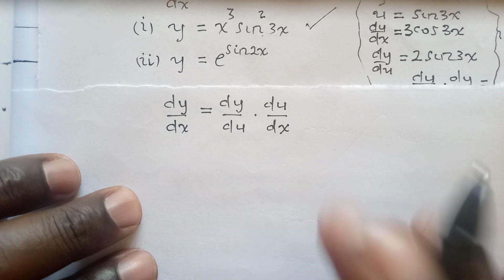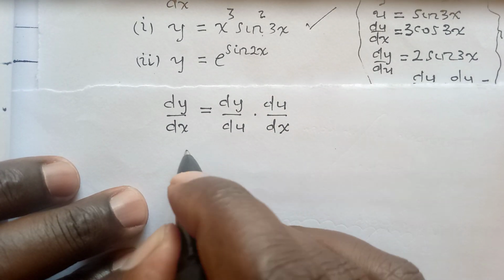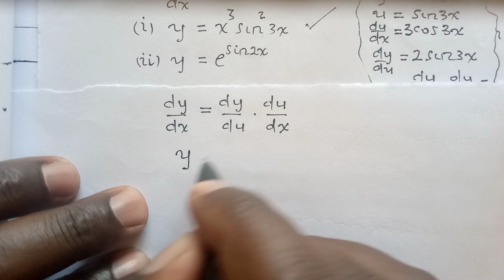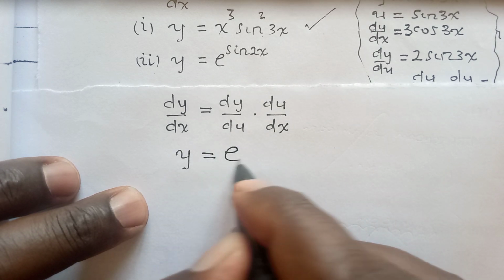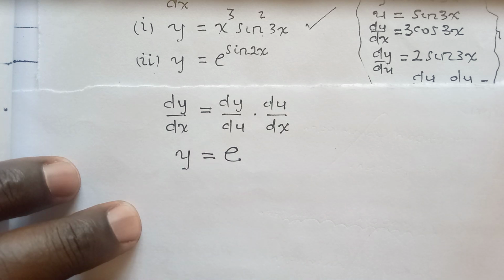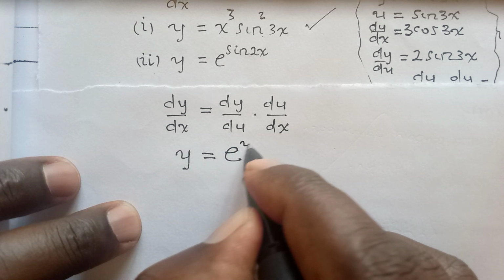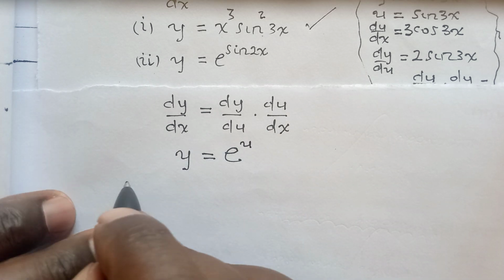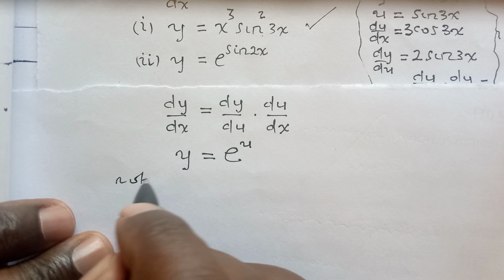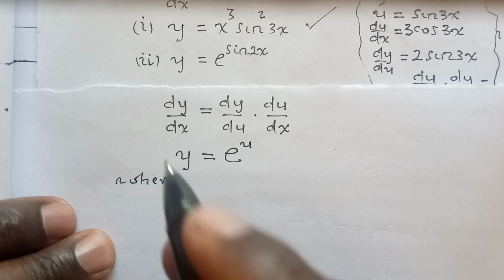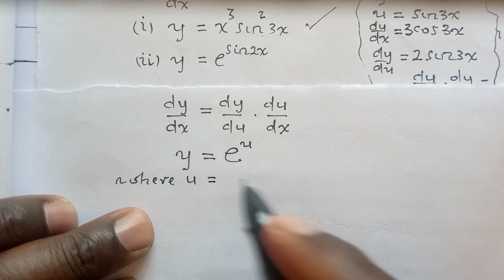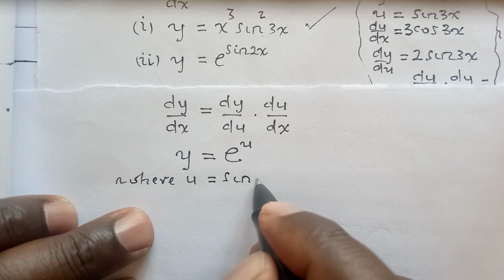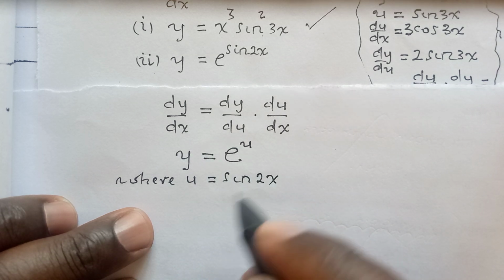Now we shall say y is equals to e raised to u, where u is equals to sine 2x, like that.